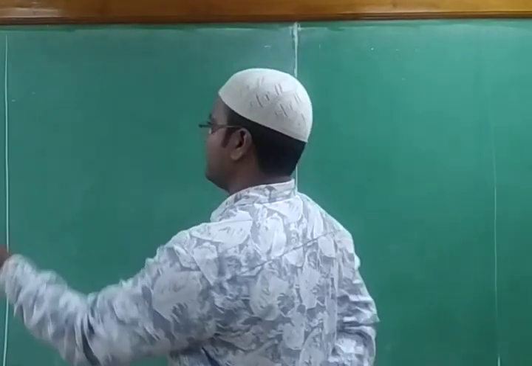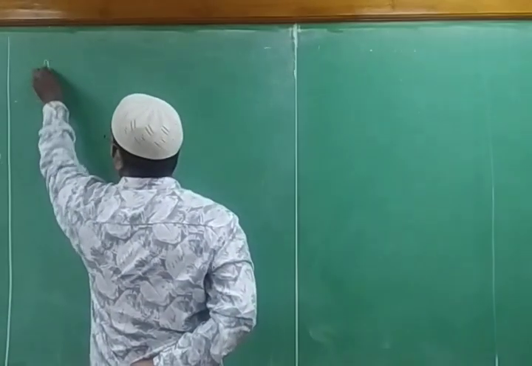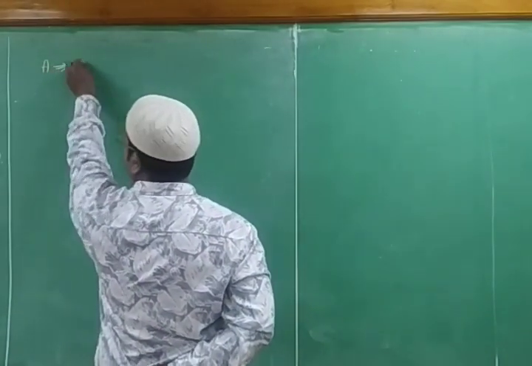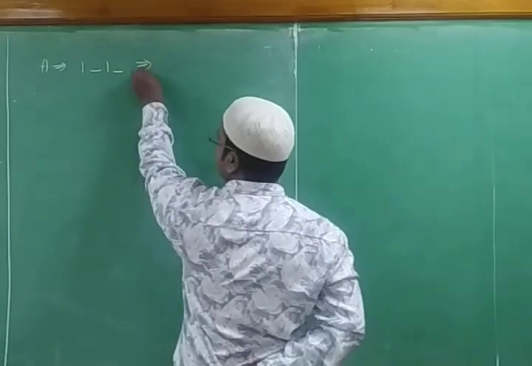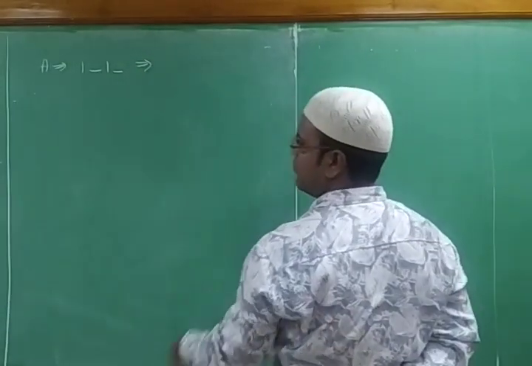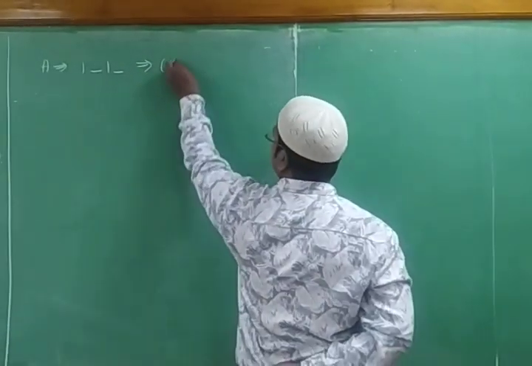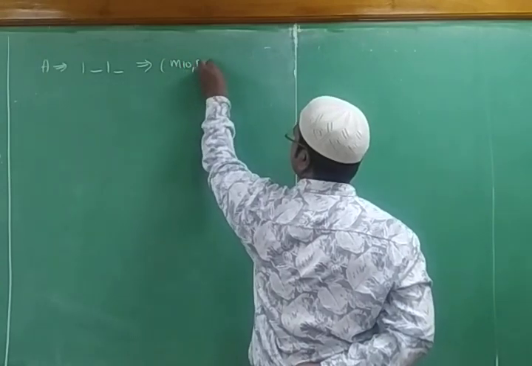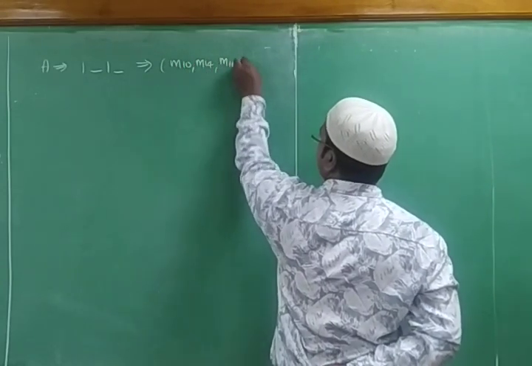We do have A, B, C. We found the prime implicants. What is actually the A we had? A is 1 dash 1 dash. By taking what minterm values? So it's 10, 14, 11 and 15.